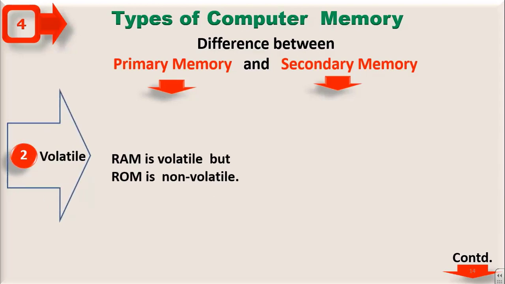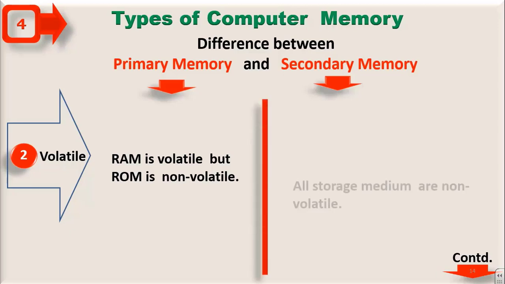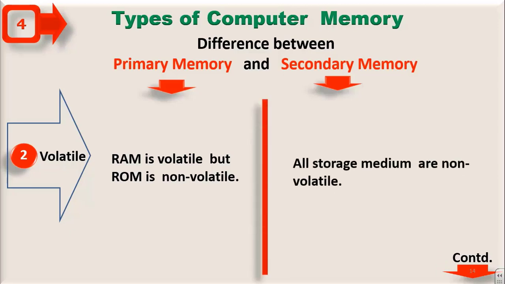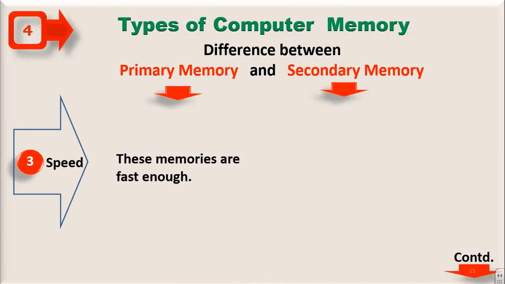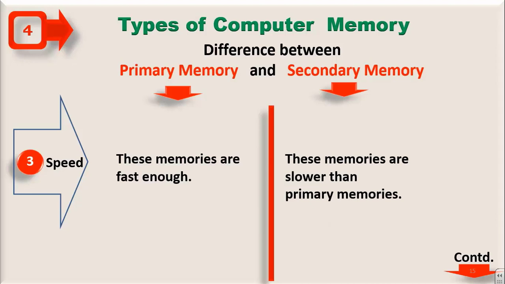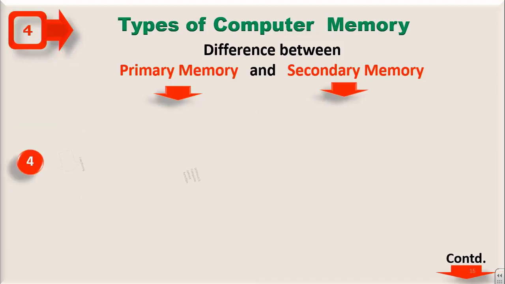Both are part of primary memory. In the secondary memory, all storage media are non-volatile. The speed of the primary memory is quite fast. These memories are fast enough. Secondary memories are slower than primary memories.